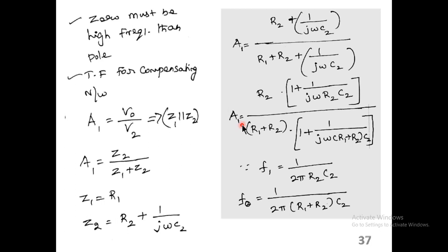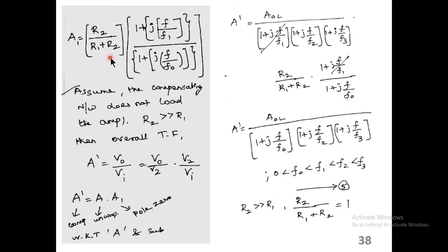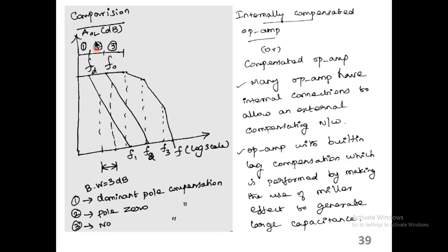By doing the analysis, we get the A1 value. After some mathematical simplification, we get equation number 5. This is the comparison diagram using the F1, F2 and F3 corner frequencies.